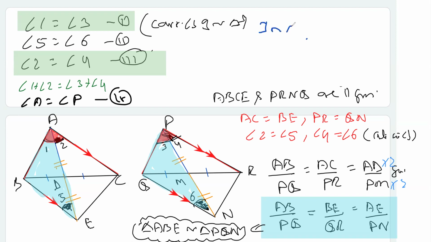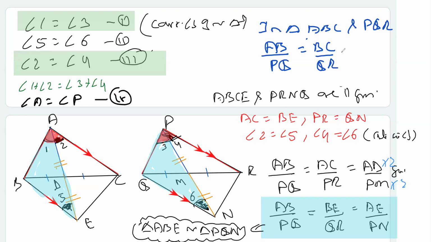So we will consider the two required triangles. One is ABC, and the other is triangle PQR. Check here, we already had two sides proportional, that is AB upon PQ is equal to BC over QR, right?